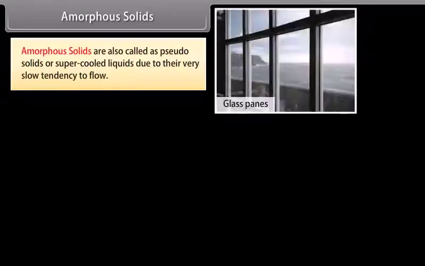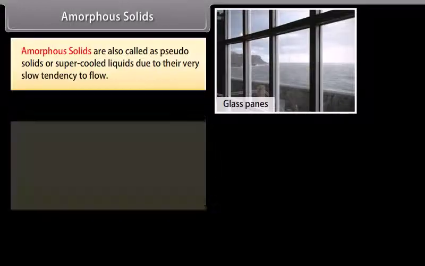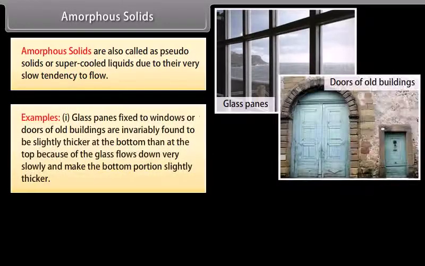Amorphous solids. Amorphous solids are also called as pseudo-solids or supercooled liquids due to their very slow tendency to flow. Examples. 1.